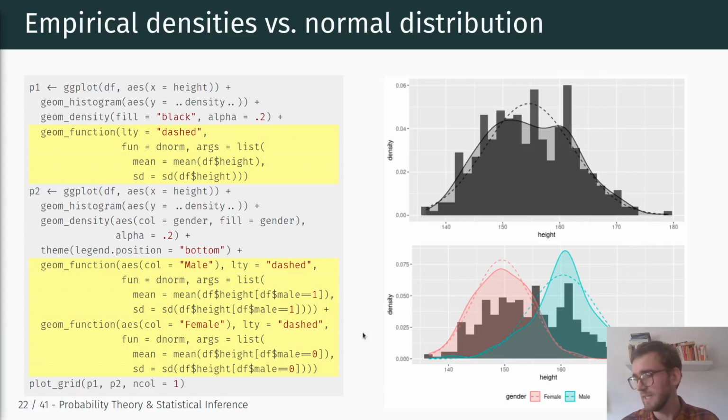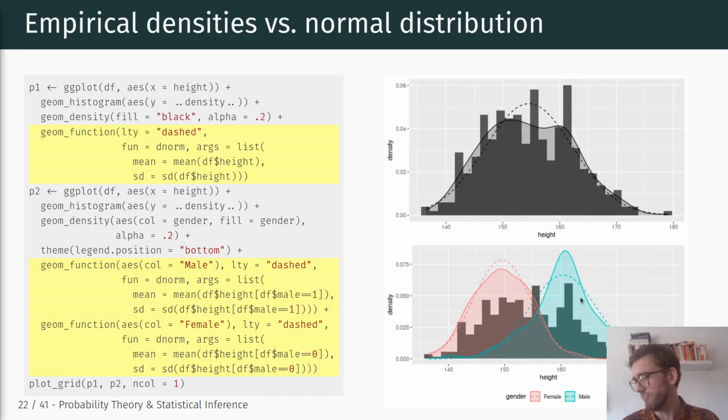And we can use that to compare our empirical kernel densities versus theoretical normal distributions. And this confirms again that the distribution of heights, just aggregating men and women, does not follow a normal distribution. But if we look at men and women separately, at least for women, the shape of the distribution closely follows a normal distribution.